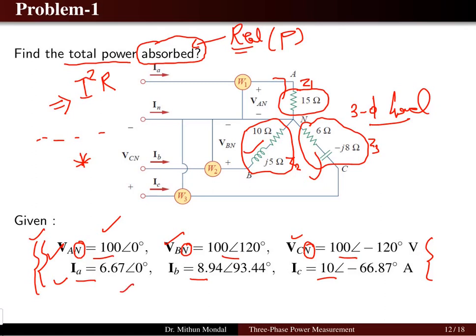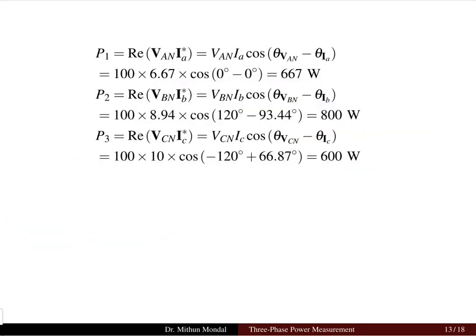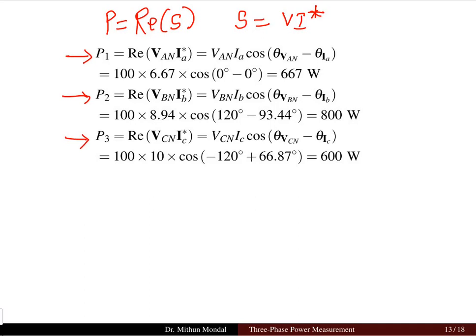So we are considering this to be the known data, and we will be estimating the total power which is absorbed in the network. We have seen from the theory that the real power is nothing but the real part of the complex power S, where the complex power S is nothing but V I conjugate. So here, when we talk about the single phase power P1, P2 and P3, we are going to take the phase voltage and the phase current.